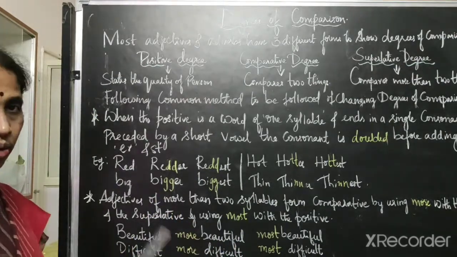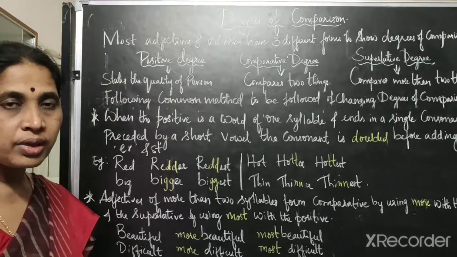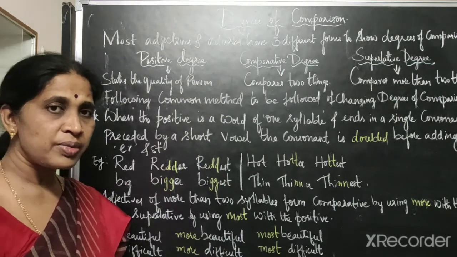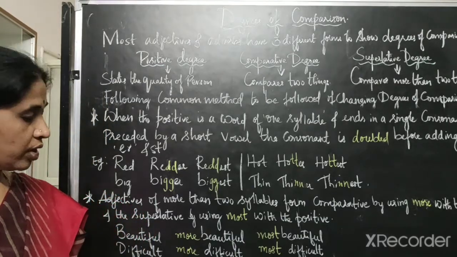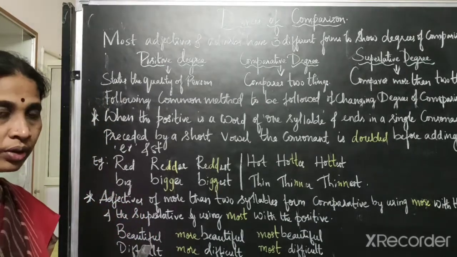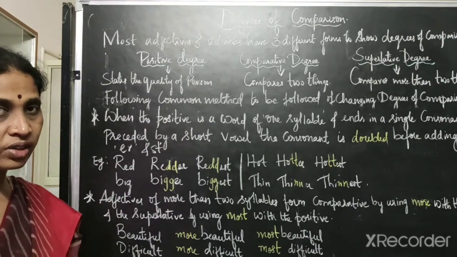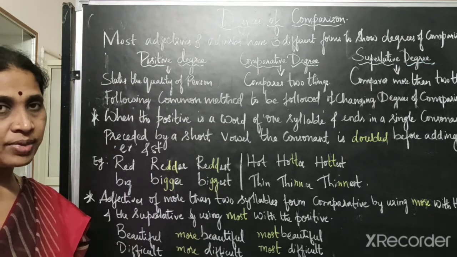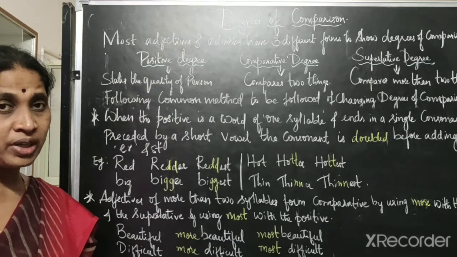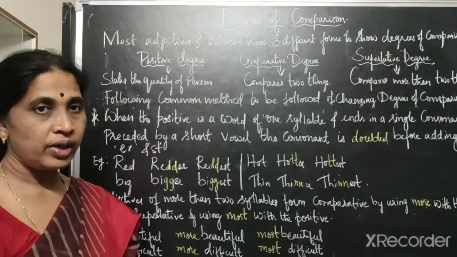Next rule: if the adjective has more than 2 syllables, that means more than 2 sounds. For example, the word beautiful has 3 syllables. A syllable is a part of speech, the sound of a vowel, and as many times as the sound of the vowel is repeated, that many syllables are counted.